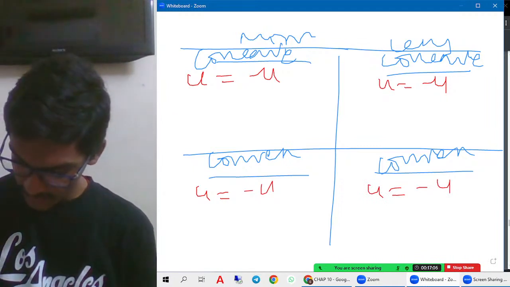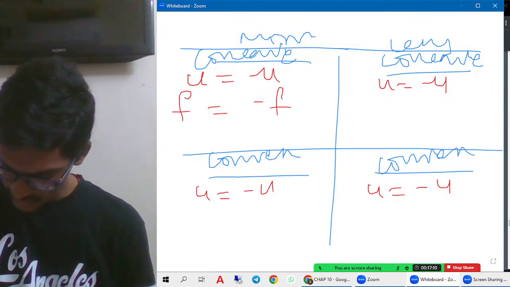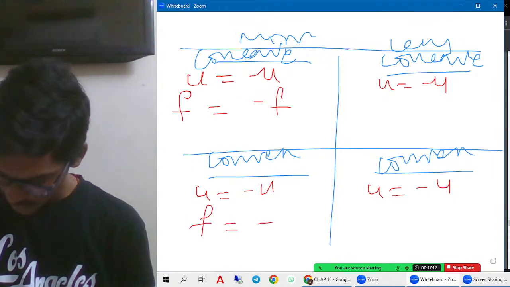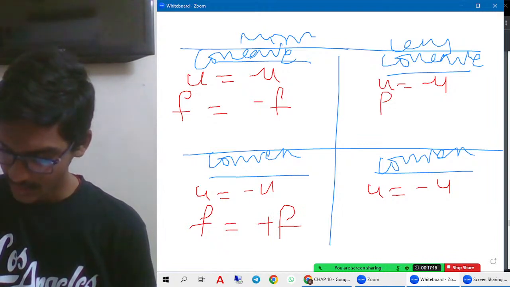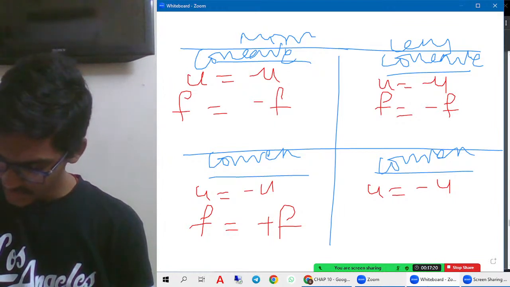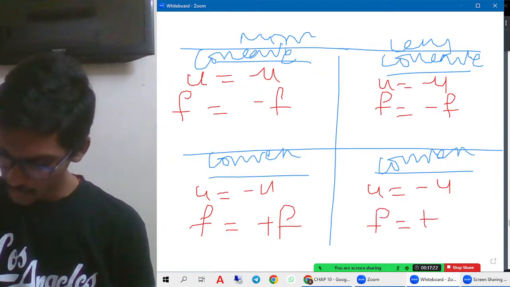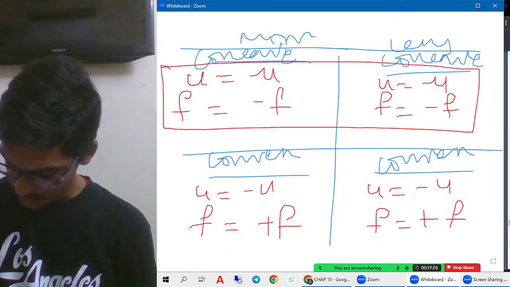So the focal length: for a concave mirror, it is always negative. For a convex mirror, it is always positive. For a concave lens, it is always negative. For a convex lens, f is always positive. So these points are common across the things.